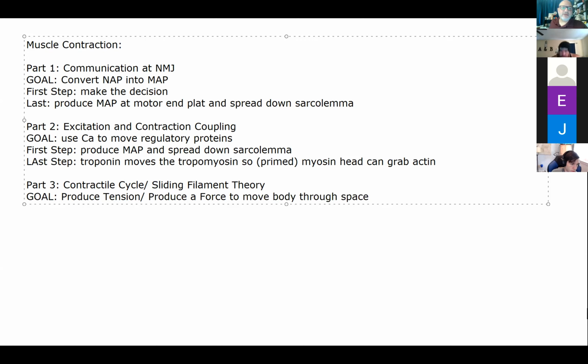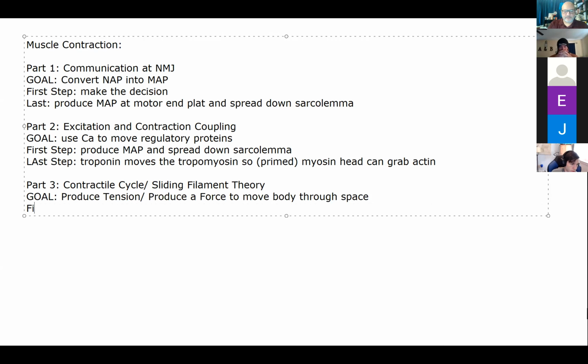All right. Again, no new information here. What do you think the first step of the contractile cycle is? Troponin moves the tropomyosin, so a primed myosin head can grab actin. Excellent. There you go.